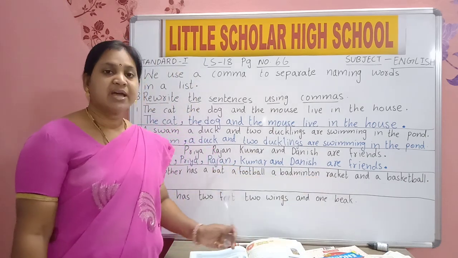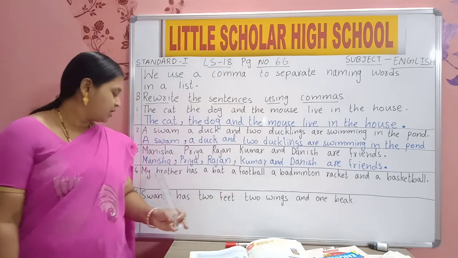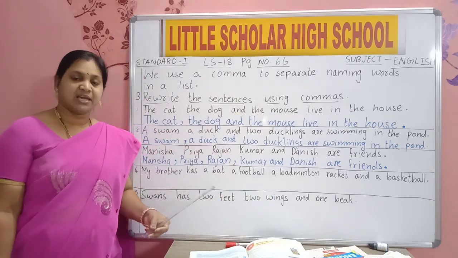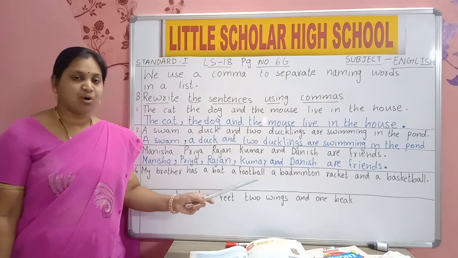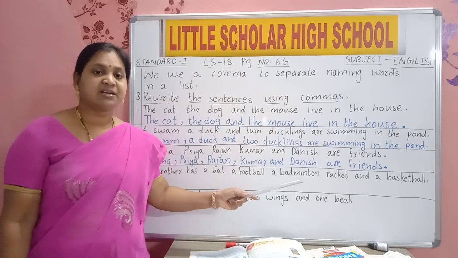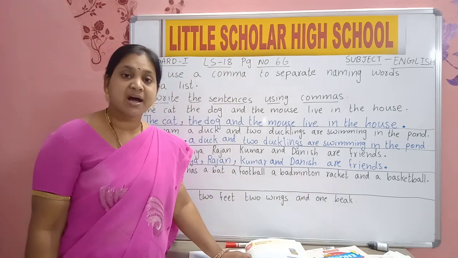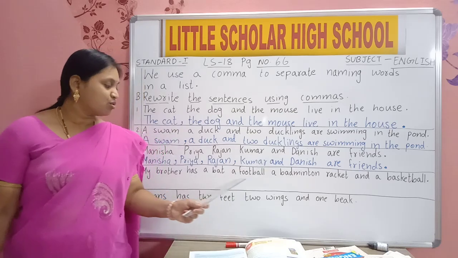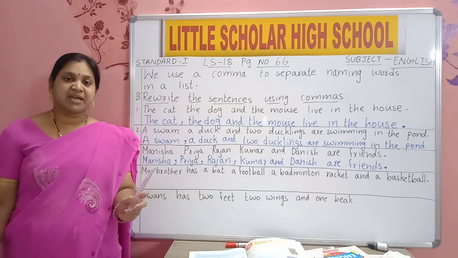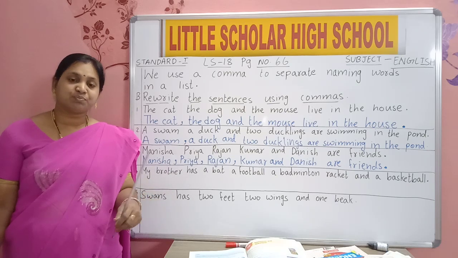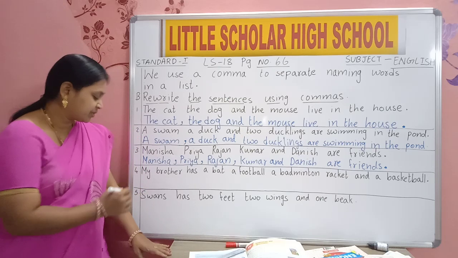These are what? Playing things, no? Things that we use to play. So, my brother has a bat, a football, a badminton racket, and a basketball. Here no commas are given to separate the playing things. So what should we do? We should put commas and write the sentence correctly.